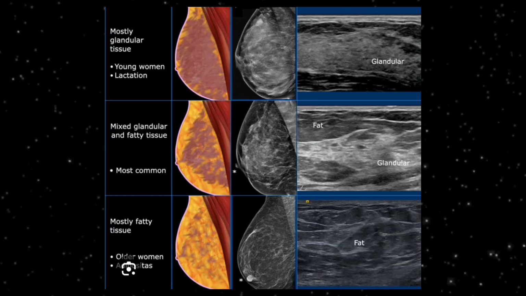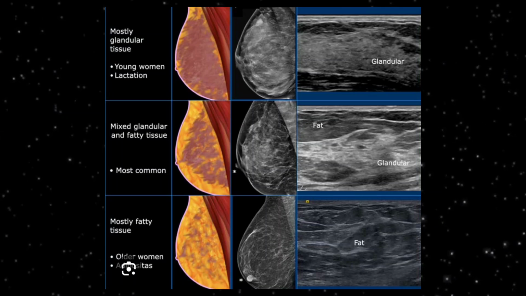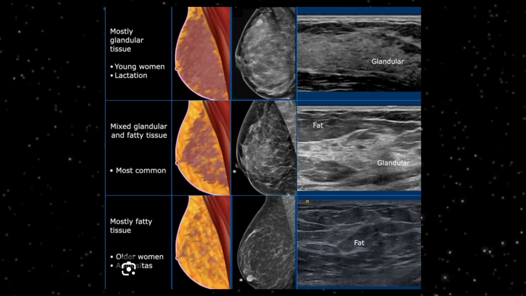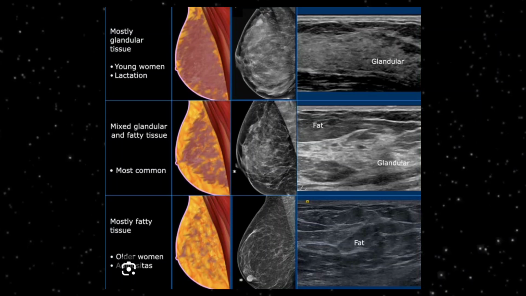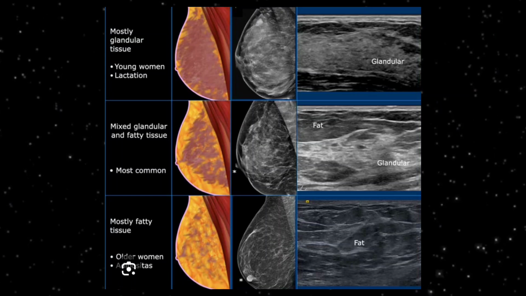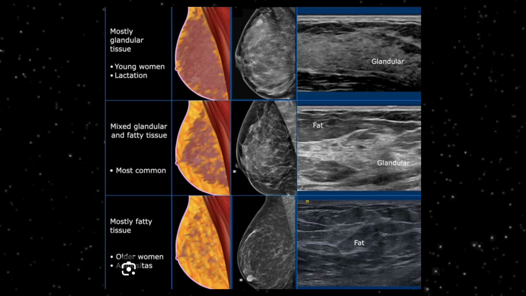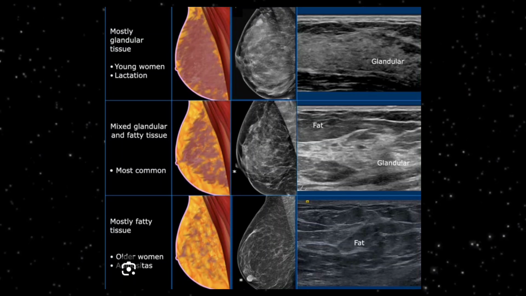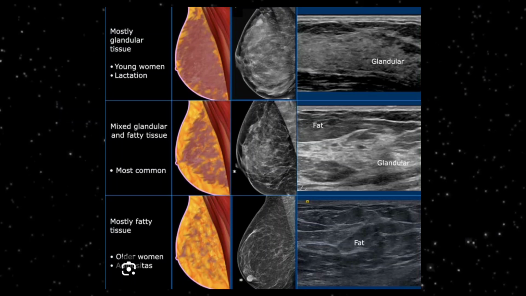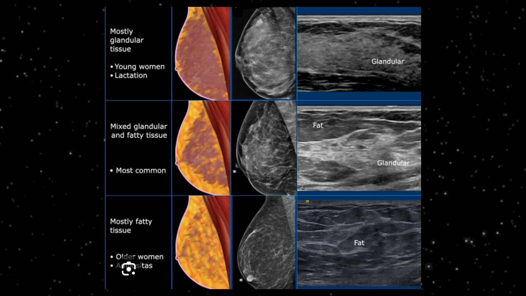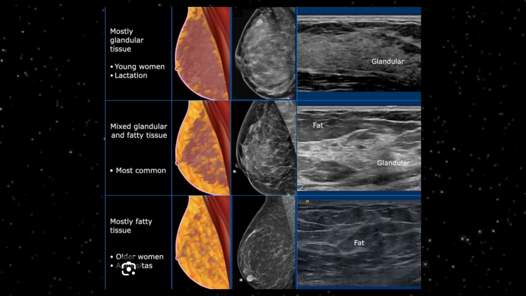On ultrasound, the fatty components are low echogenic compared to the glandular components, which are quite echogenic. So both components are visible on ultrasonography. If you come across this type of pattern, it is a mixed pattern having glandular and fatty components.